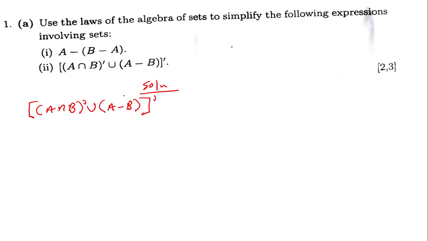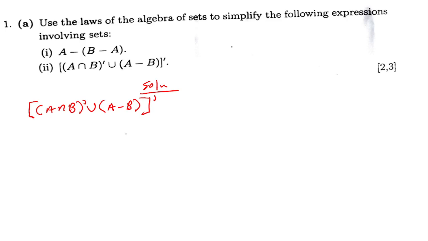So basically, when you are in an exam and you're trying to work out these questions, you need to be so careful and accurate because any mistake might cost you. So let's quickly move on and look at what we can do with this question.